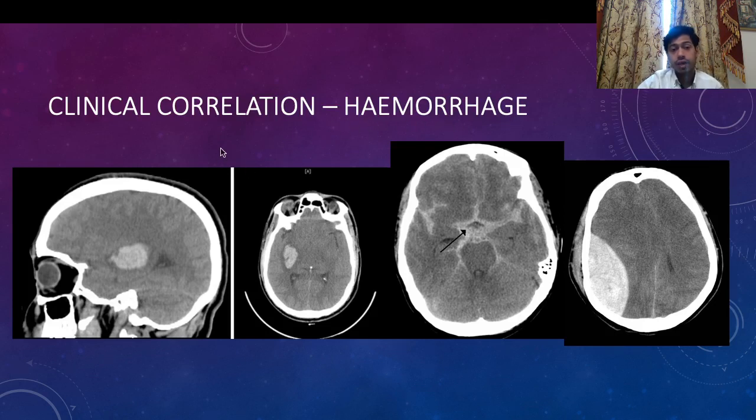You can have an intracerebral hemorrhage, or you can have a subarachnoid hemorrhage. So intracerebral hemorrhages tend to affect the branches of the circle of Willis more, whereas a subarachnoid hemorrhage tends to be just below the level of the circle of Willis.